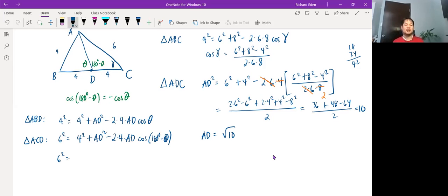So 6 squared equals 4 squared plus AD squared plus 2 times 4 times AD cosine theta.